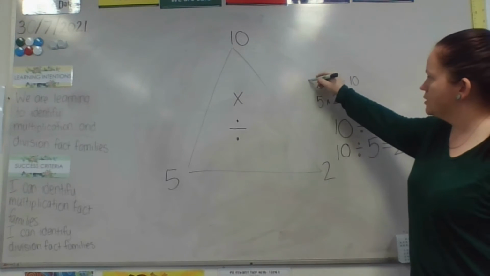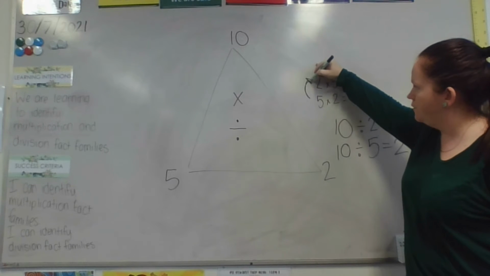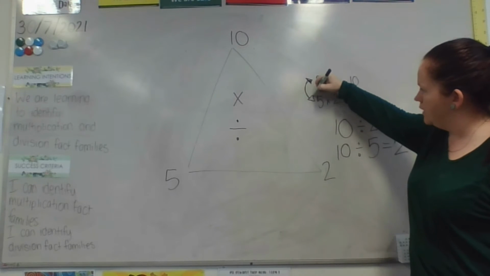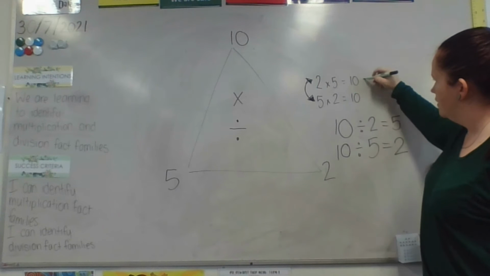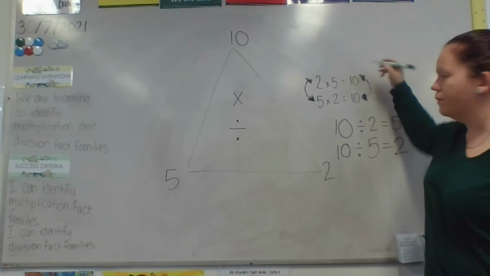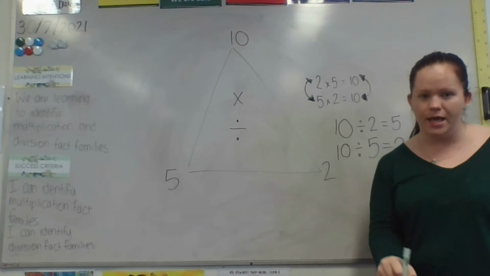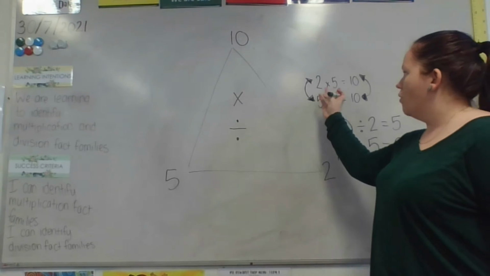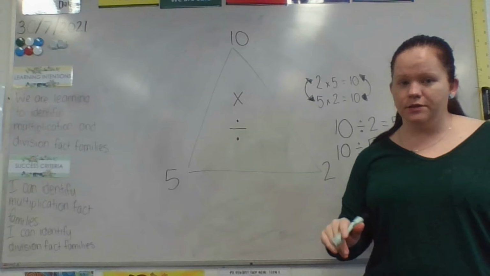So this helps to show us our fact families. So when we have these two numbers together and they have the same answer, that is what we call a fact family. So all you have to do is reverse the place of the two numbers.